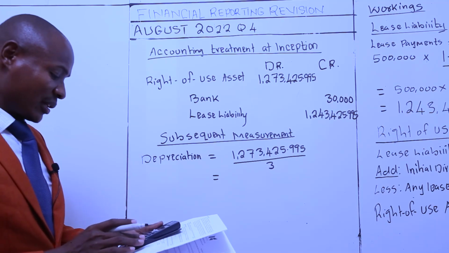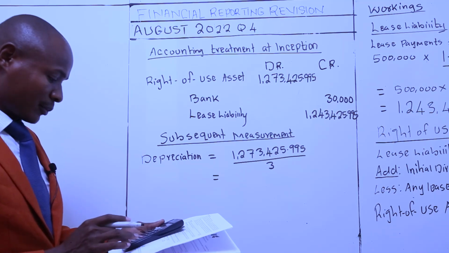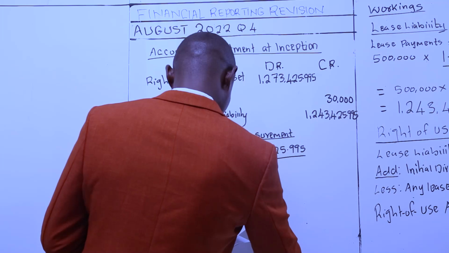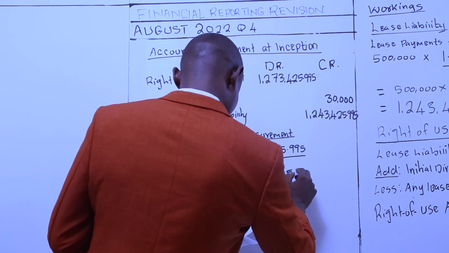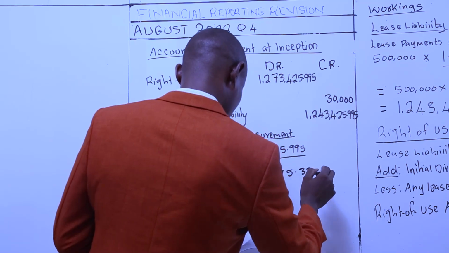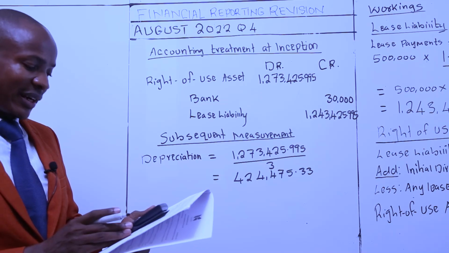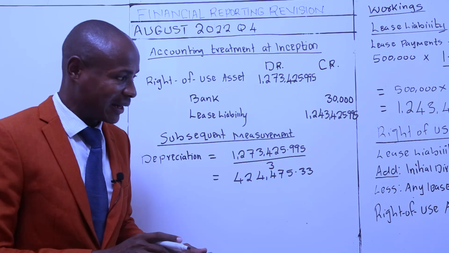Depreciation per annum is 424,475.33. That is depreciation per annum.